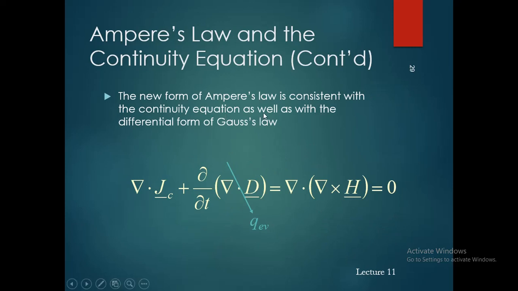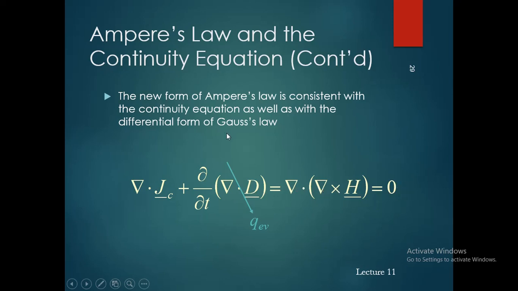So the new form of Ampere's law is consistent with the continuity equation as well as with the differential form of the Gauss law. As we know, Gauss law is del dot D. So del dot JC plus ∂ρ/∂t, with del dot D, is equal to del dot del cross H equal to 0.